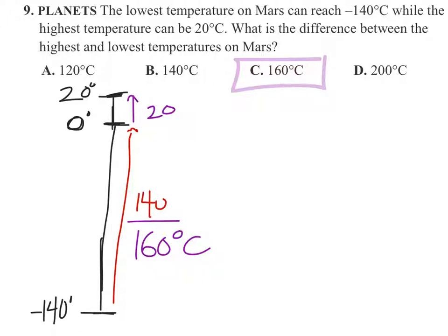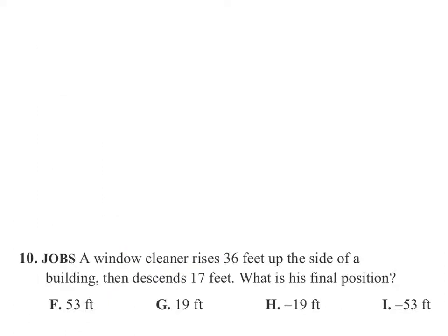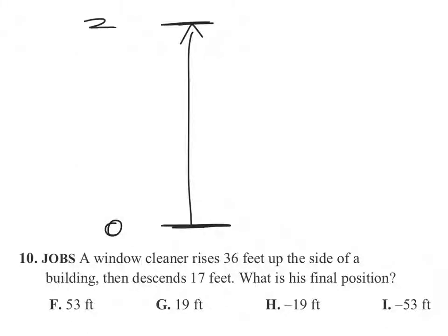Yes. A window cleaner rises 36 foot up the side of a building, then descends 17 foot. What is his final position? So let's say, right, that's the ground, that's 0. But then this person's going to go up 36 foot. That would be 36 foot.